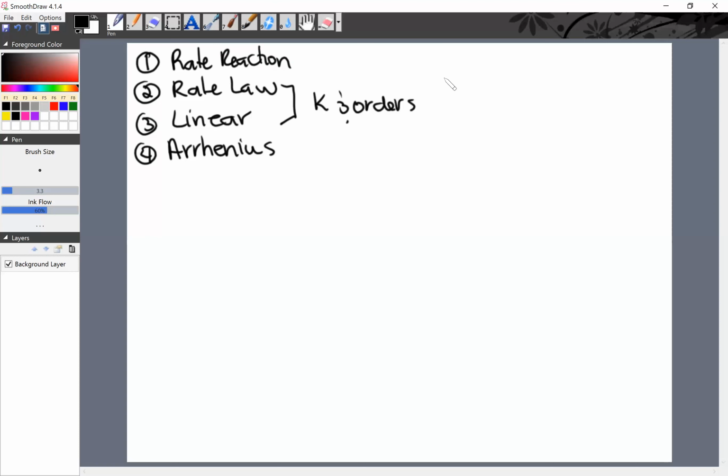Rate law is rate versus concentration. Linear is concentration versus time. And Arrhenius is the natural log of K versus 1 over the temperature. All right. Can you get the order and the K off of the Arrhenius equation? Remember, K is what we plugged in to get the Arrhenius equation, so we already know those.